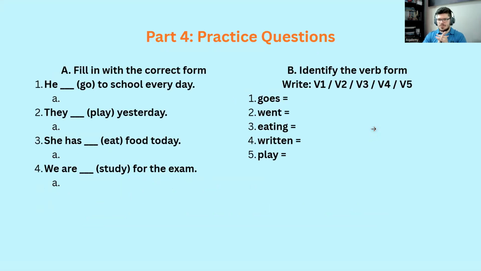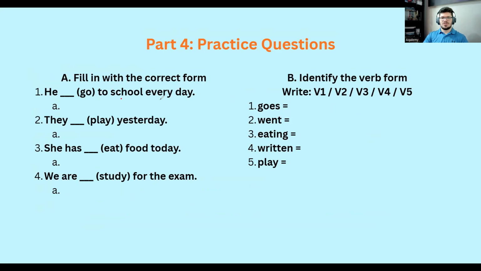Let's look at some questions to get an understanding. So let's see over here. He go to school every day. Remember the other sentence when we looked at it was verb 5. He go to school every day. It doesn't make sense.